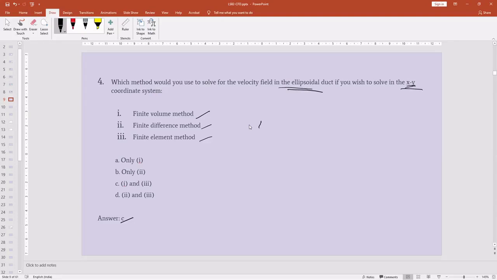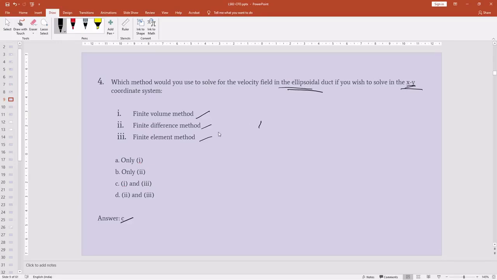Because we have complex geometry or difficult-shaped boundaries, we can go for triangular elements or some other type of elements. So the mesh becomes unstructured, and an unstructured grid is difficult to solve in the finite difference method, and it won't work well with different methods.